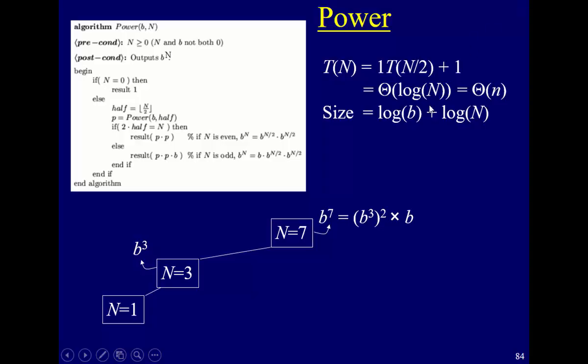Do you see why it's log N? Log capital N is back to the size of the little n. The size, little n, is the number of bits to write down the value. So if the running time is log N and the size is log N, then the running time is linear in the number of bits.